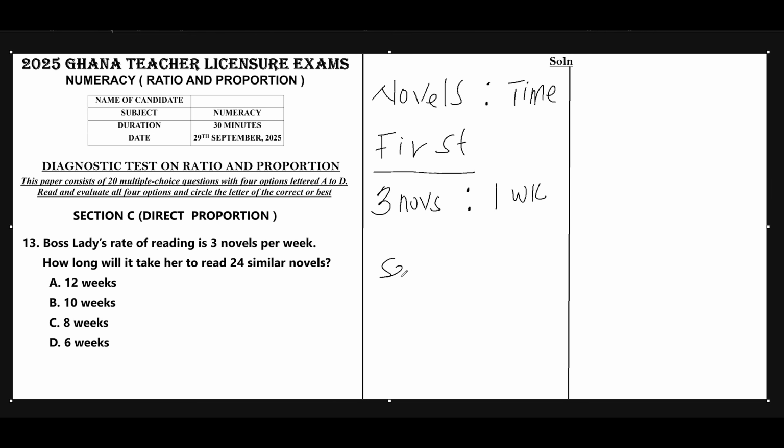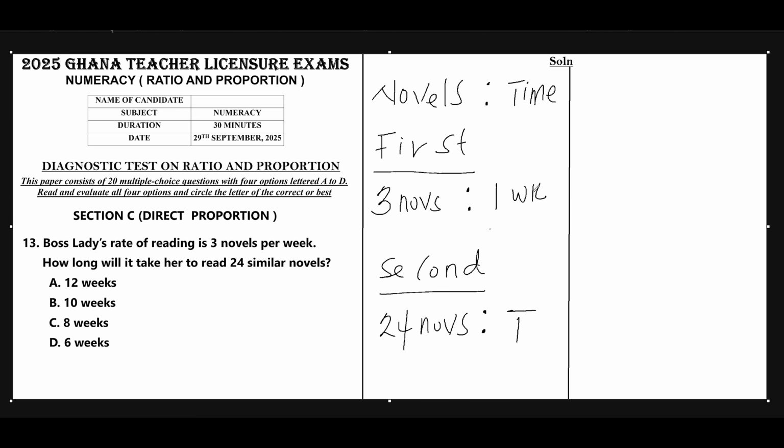Now the second instance, they are asking us how long it will take her to read 24 similar novels. So we have 24 novels. By how long? So we are looking at time. So since we don't know the time it will take her to read 24 similar novels, we can represent the time there as T.